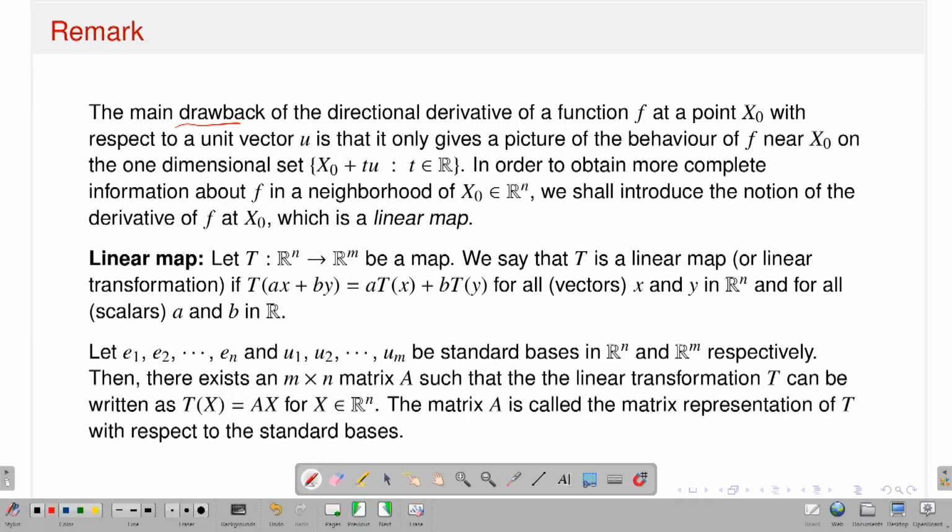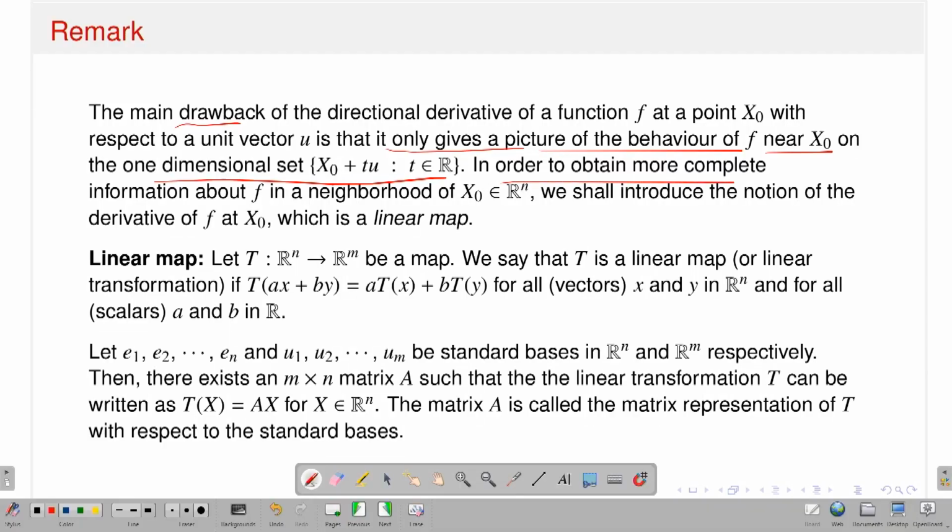The main drawback of the directional derivative of a function f at a point x naught with respect to a unit vector u is that it only gives a picture of the behavior of f near x naught on a one dimensional set, that is x naught plus tu. Only in that one dimensional set am I looking at the changes of f at x naught, not in a neighborhood of x naught. It is only one direction.